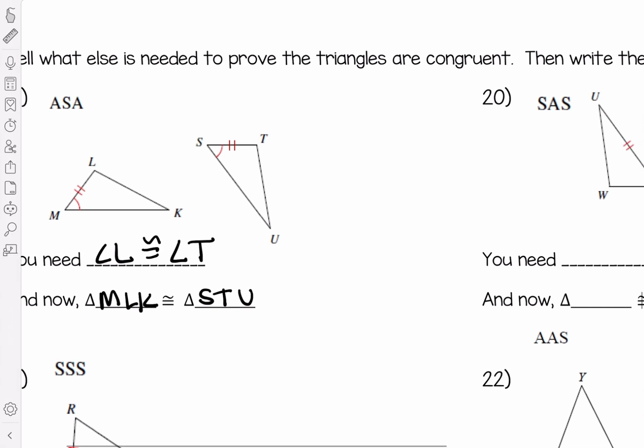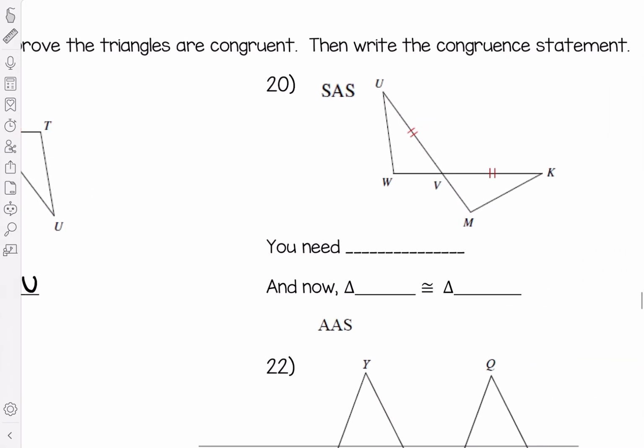All right, same thing with number 20. So if I'm looking at this one, I know by vertical angles that this guy matches that guy, so I don't have to worry about that. I know that I've got an angle and a side, and I want side, angle, side. So that means that I need this other side on the other side to match, so my angle's in the middle. So I would say that I have to know that VM is congruent to VW.